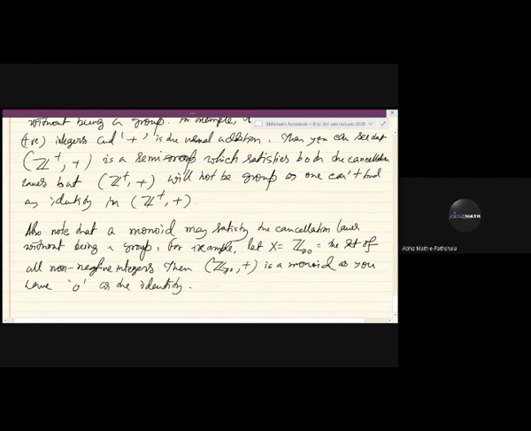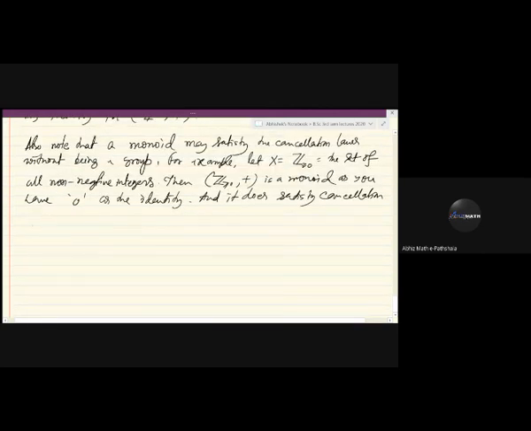And also it does satisfy cancellation laws. But it doesn't form a group. Why?